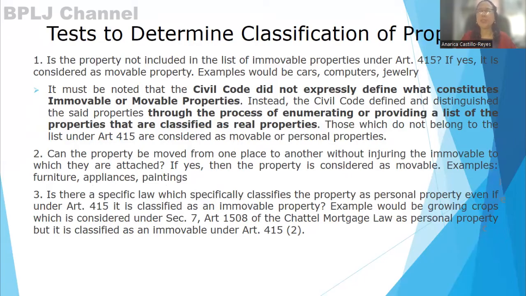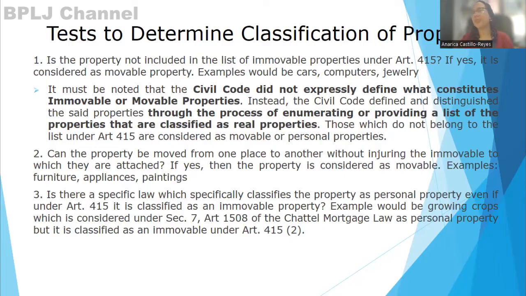If it is within the enumeration, then that is not a movable property. But if it is outside or is not included in the enumeration, then it definitely falls as personal property. Example of which would be cars, computers, and jewelry. Okay? Another test to determine if the property is a personal property is its nature.